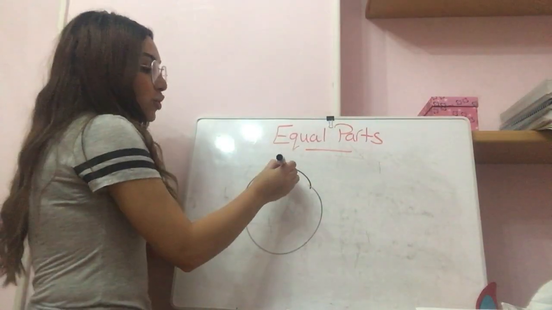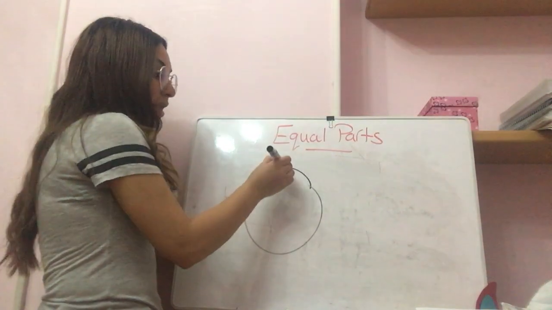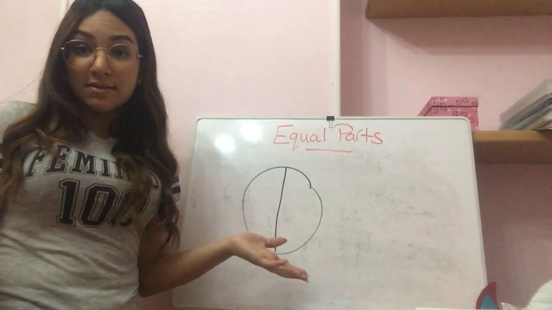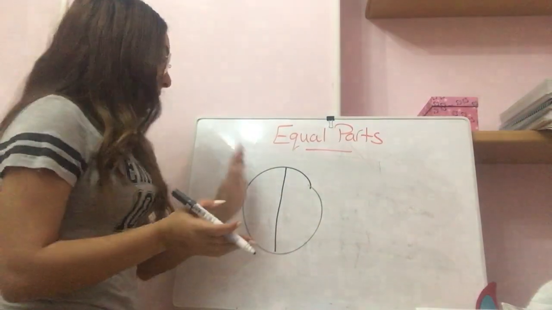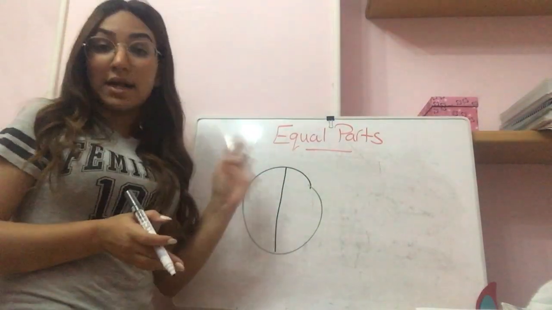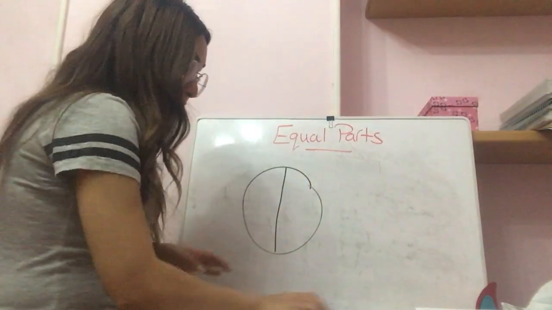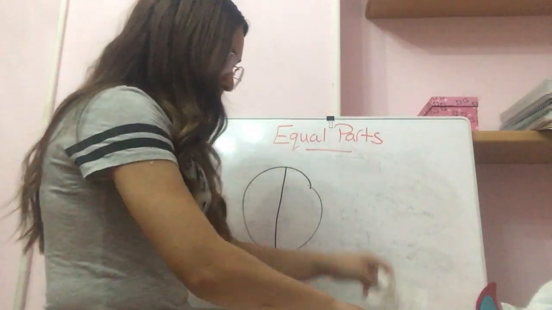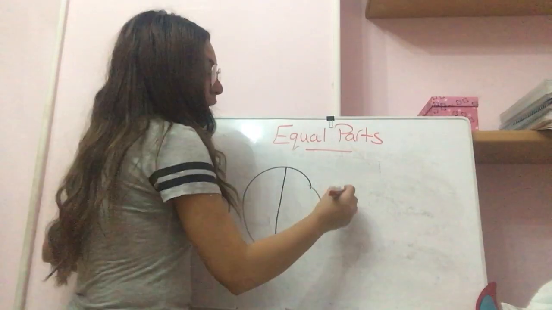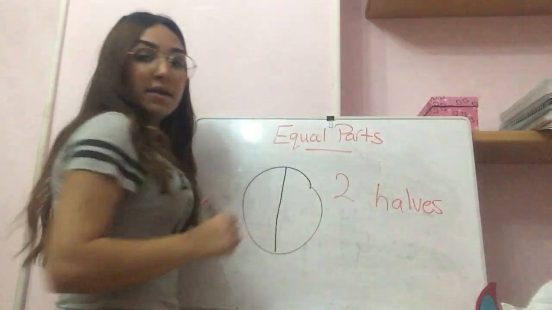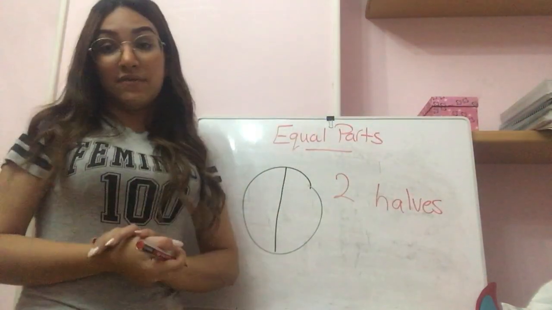I'm going to draw simply a line from this point to this point. That's it. As simple as that. And in this way, I cut my circle into two equal parts, which means that now I have two halves.